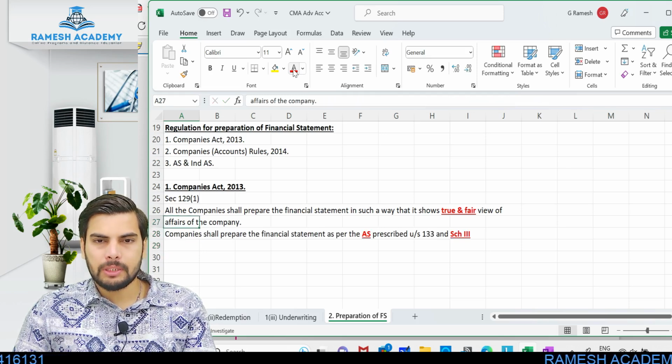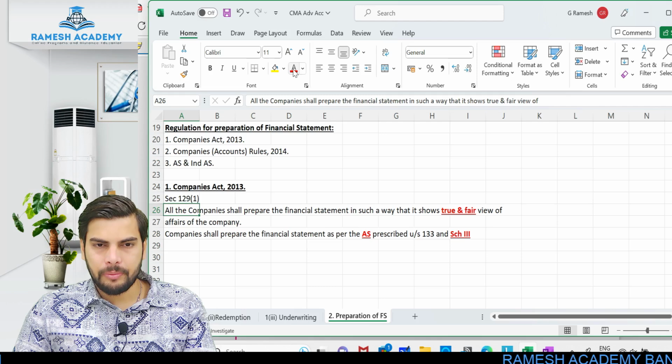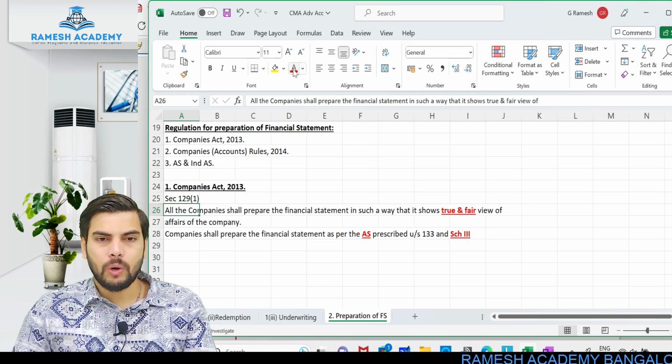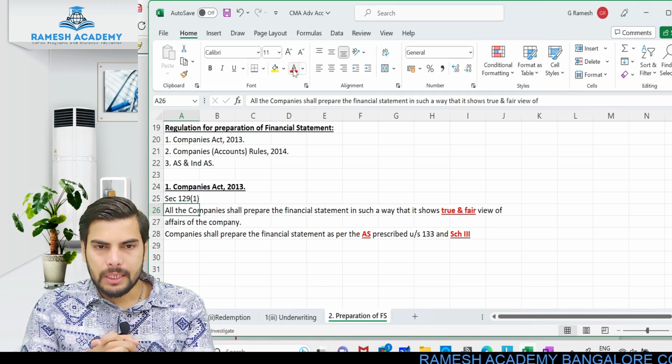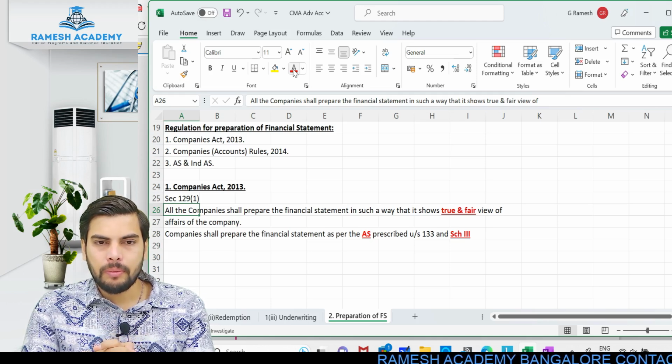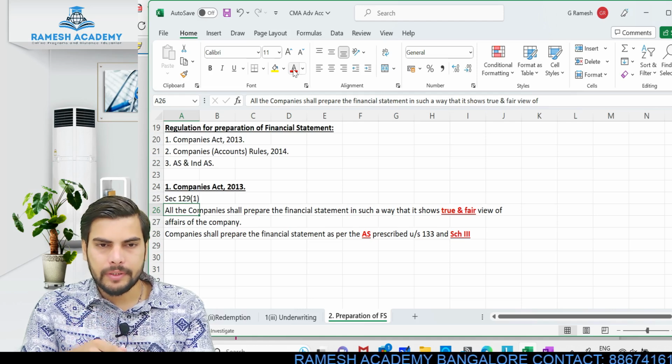If you just remember these terms, financial statement should always be prepared in such a way that it shows a true and fair view of the company's state of affairs. And it should be prepared in accordance with the accounting standard and the format prescribed in schedule number 3.